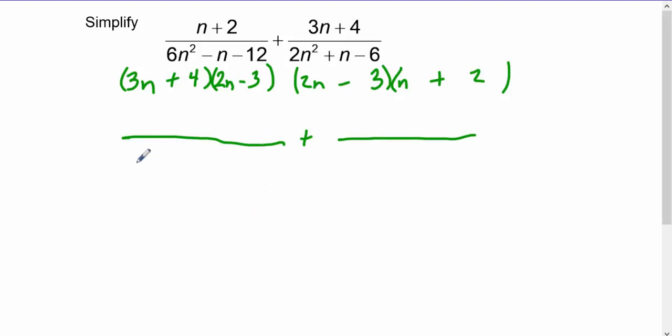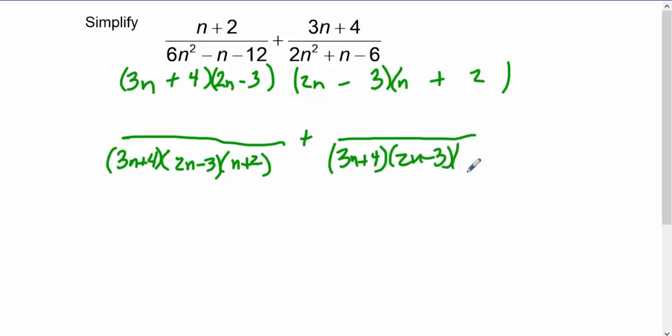Notice these two are already in common. I'm going to need that though, but I need a 3n plus 4, the 2n minus 3, and the n plus 2. Then I figure out what my multiple of 1 is going to be.